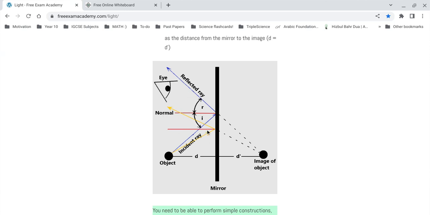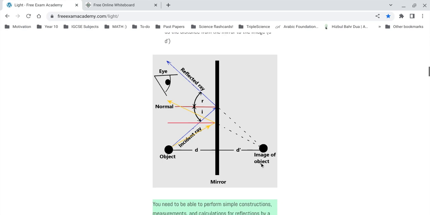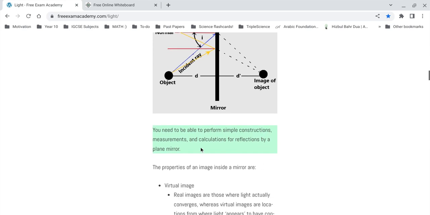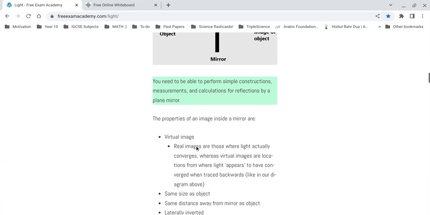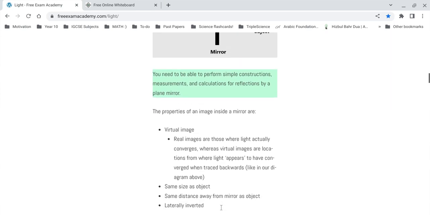He added the normals too, and then we have the angle of reflection, angle of incidence, and then he used the reflected rays, traced them back behind the mirror, and they converged, and that's where the image was, right? So you need to be able to perform simple constructions, measurements, and calculations for reflections by plane mirror. So that is reflection.